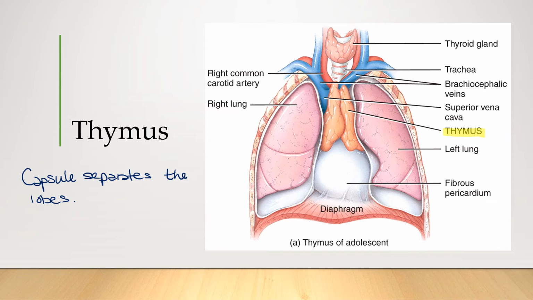Now, extensions of the capsule, which are called trabeculae, will penetrate inward and divide each lobe into lobules. So these are trabeculae.